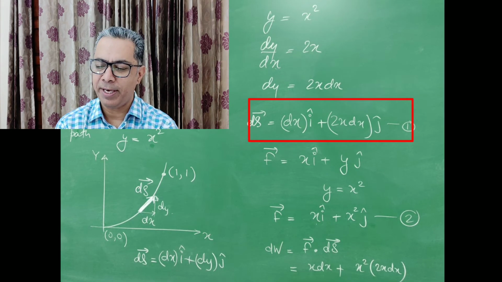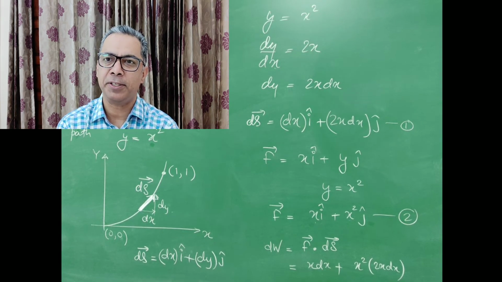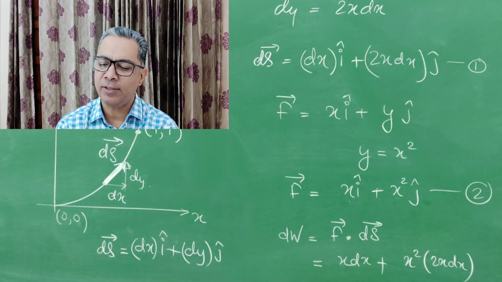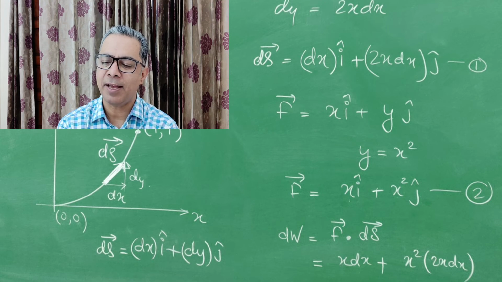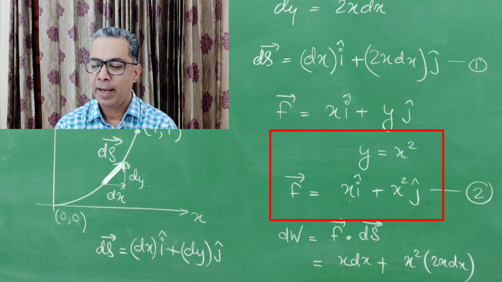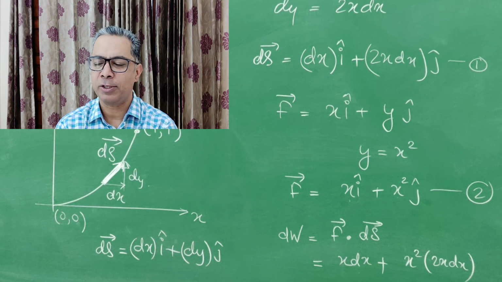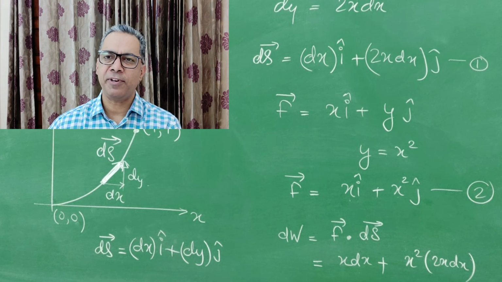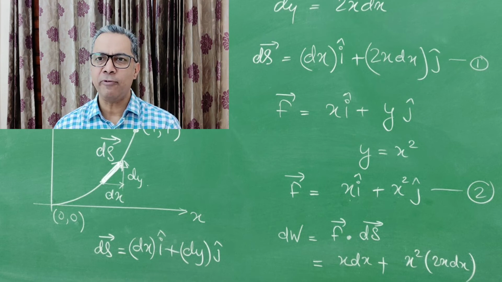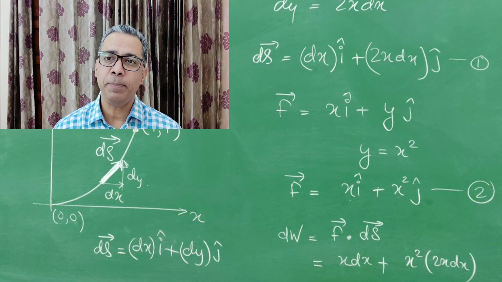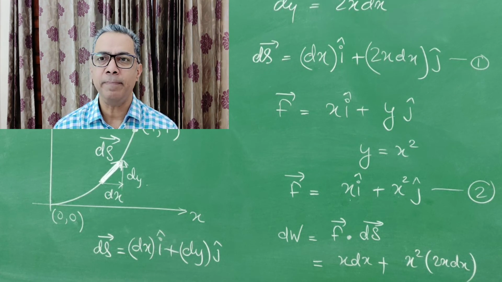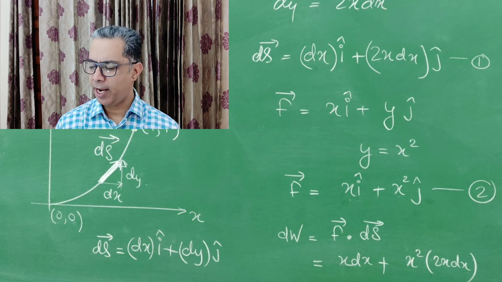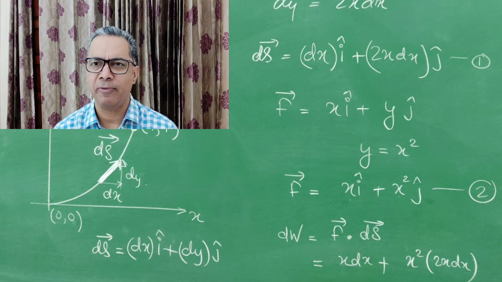F, if you remember, is x i cap plus y j cap, and y can be substituted as x square, so F equals x i cap plus x squared j cap, and ds equals dx i cap plus 2x dx j cap. So what we've done is we've converted everything into x, which keeps things simple for us. This may not always be possible, but we've been able to do this here, and at the i cap and j cap level, this is about the maximum we expect anyway.